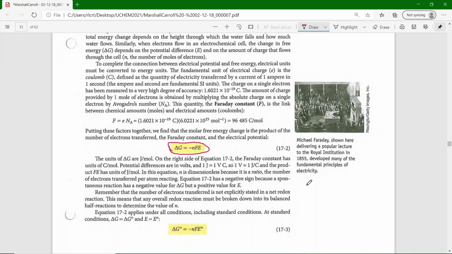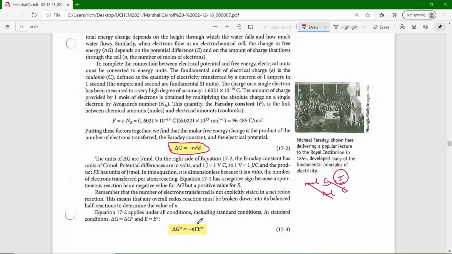So if you're talking about units, n is moles, F is coulombs per mole, and E is in volts. Let's get this right, volts. 1 volt is 1 joule per coulomb. So the coulombs cancel, the moles cancel, and you get units of joules. So the units do work out.